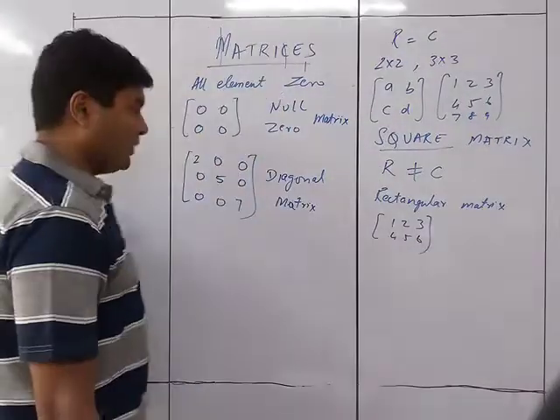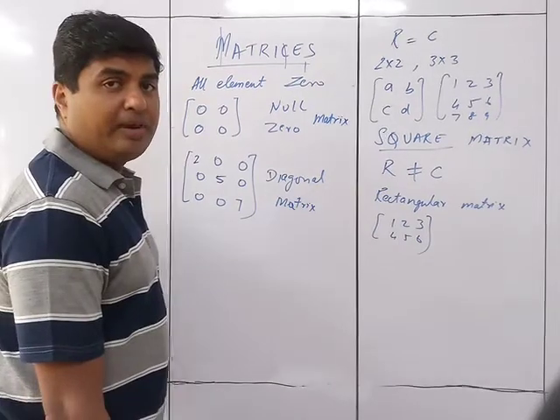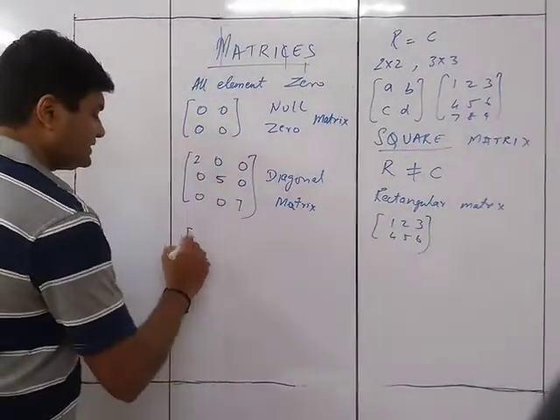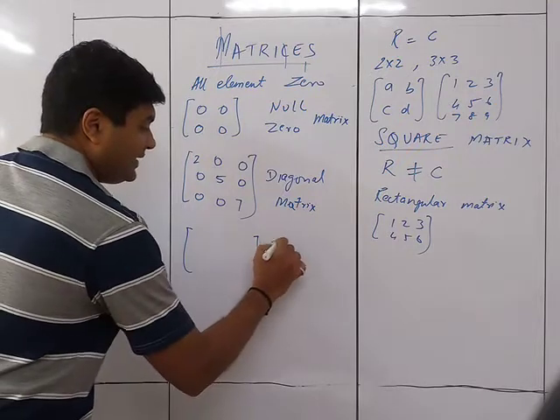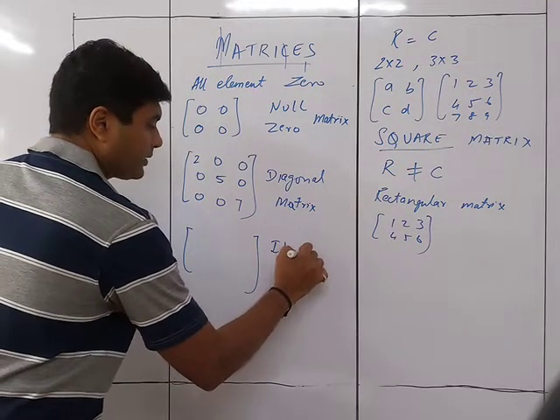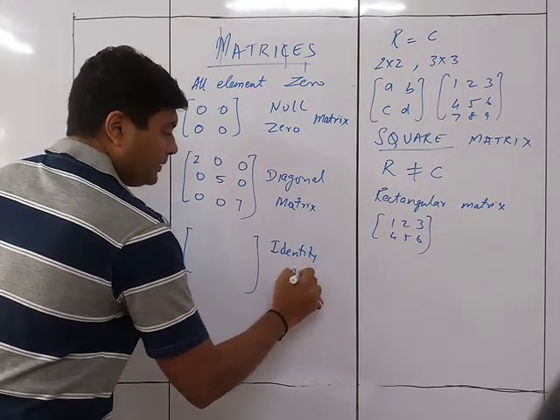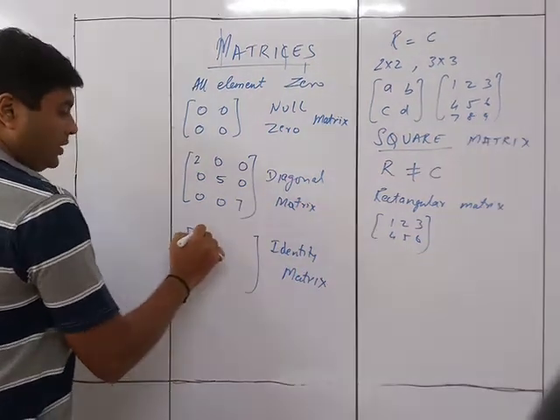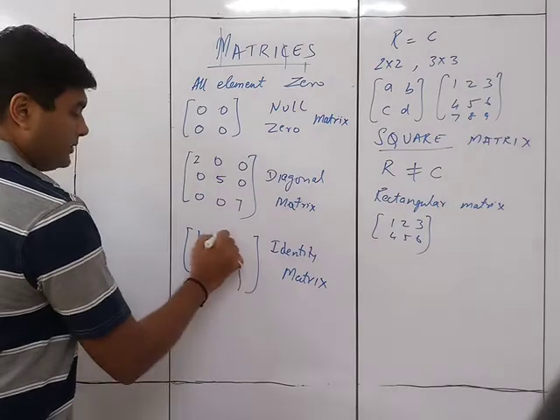And lastly, one of the most important ones which you will have in questions also, and that is called the identity matrix. Now, an identity matrix is a diagonal matrix wherein the diagonal is 1.